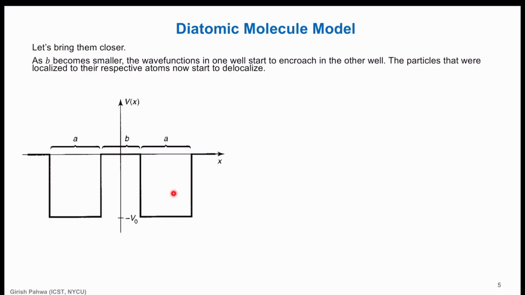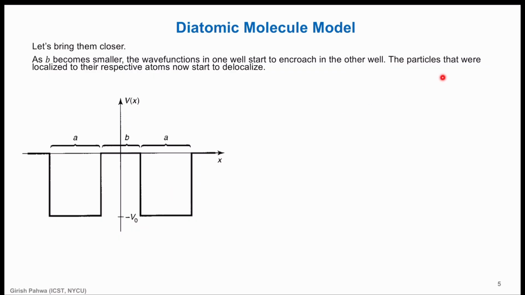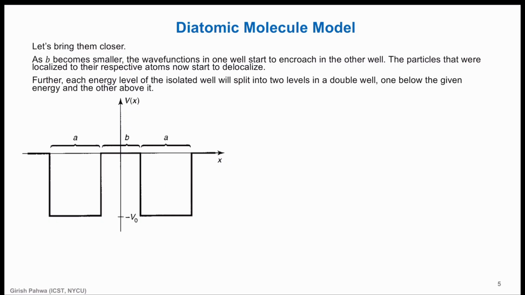So what will be the situation? Because they have delocalized, these wells start to interact with each other, and the energy levels that were there in isolated atoms will not remain the same. There will be splitting of energy levels. Something like this.